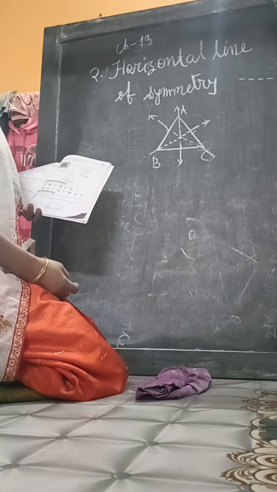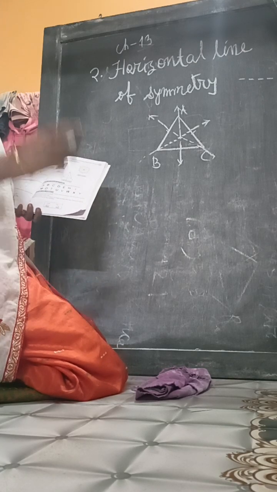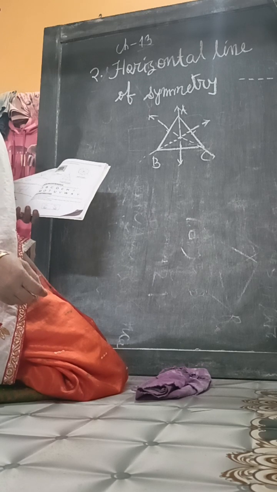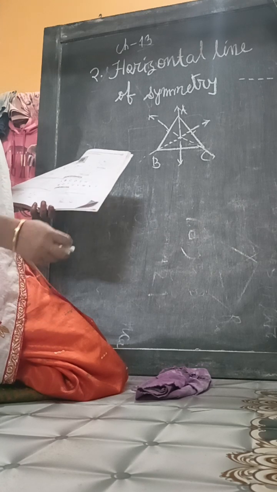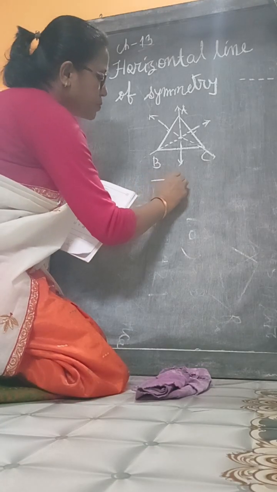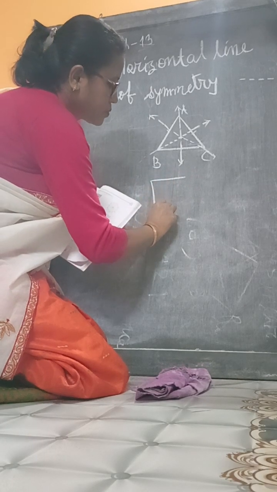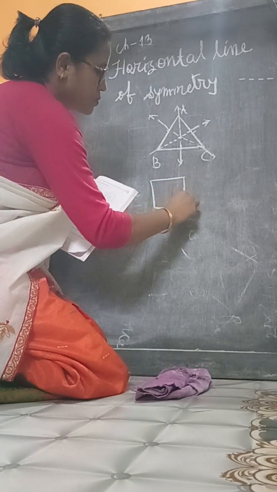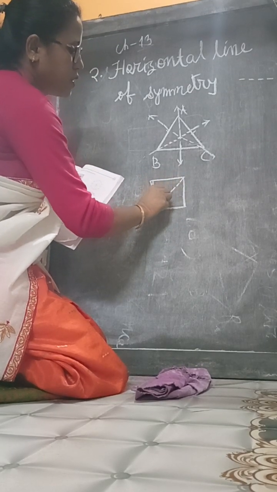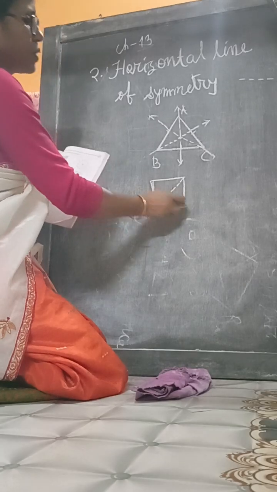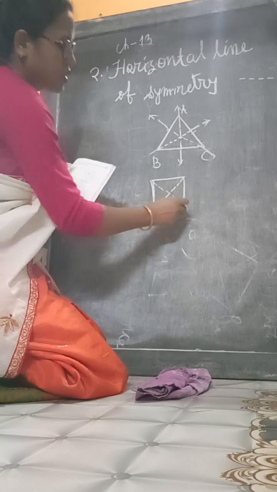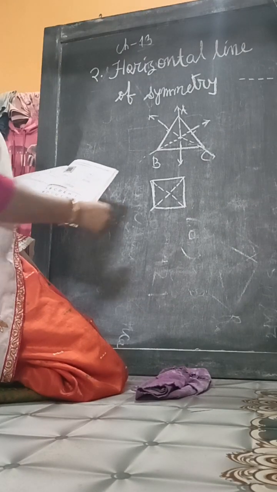Now in the case of a square, how many do we get? What is a square? A square is a quadrilateral whose 4 sides are equal and angles are equal, and each angle measures 90 degrees. You can draw a square. This is a square. Now here the diagonal. Diagonally this part is equal to this part. How many lines of symmetry do you get?